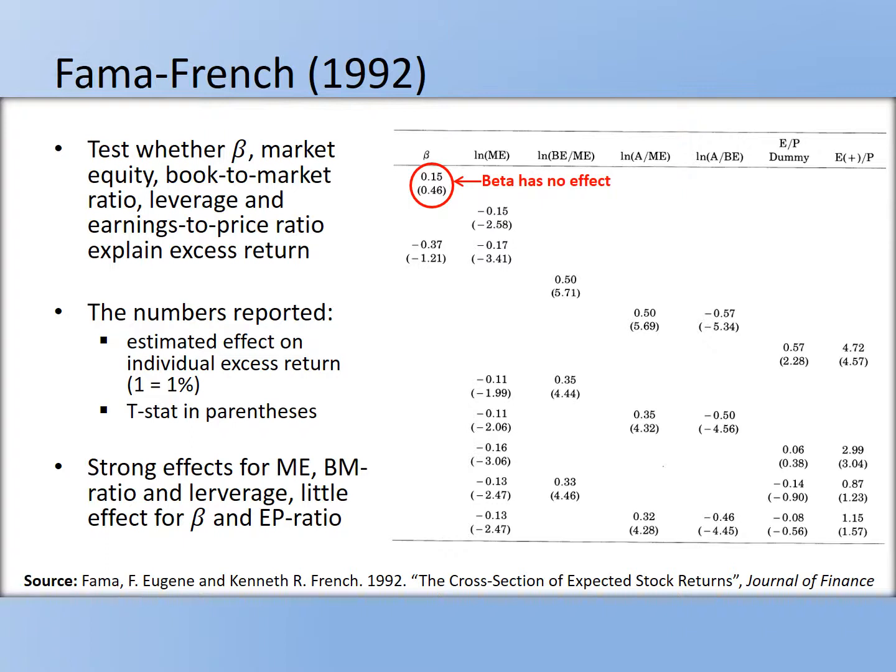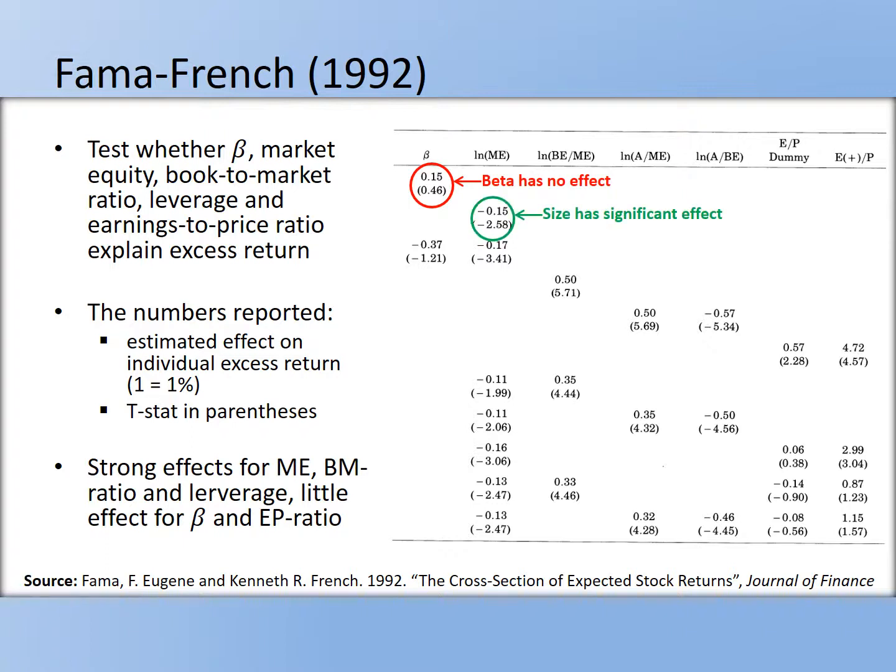So this is different from the standard economics paper, which usually reports standard errors in the bracket. So in an economics paper, typically, the smaller the number in the bracket is, the more significant the results are. But in finance, typically the bigger the number inside the bracket, the better, because it's a T-stat. So beta on its own has a T-stat of 0.46, which is way below significance.